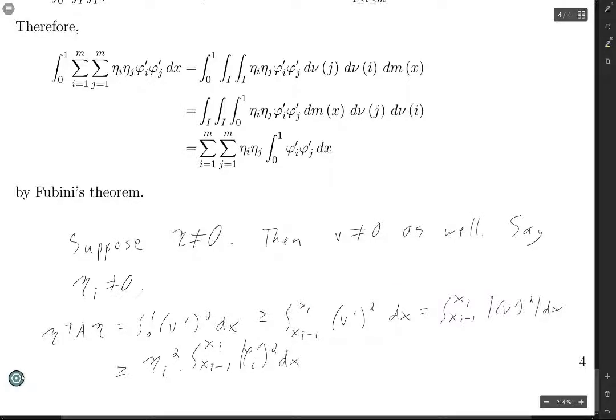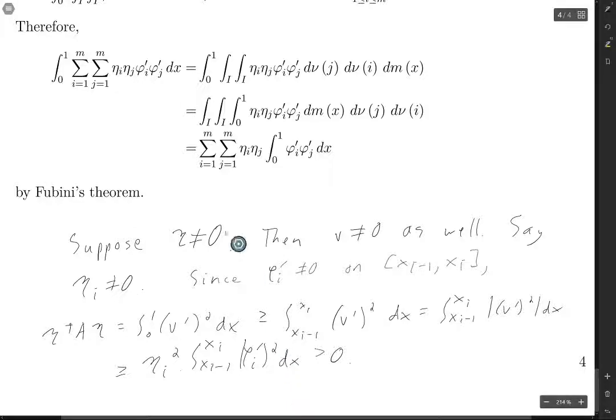All we say is, since phi_i prime is not equal to 0 on the interval from x_{i-1} to x_i, we get this thing, and this fact comes into play here, because this integral is going to be a positive number, strictly positive, so it's strictly greater than 0.